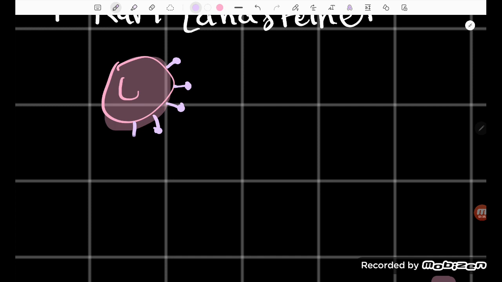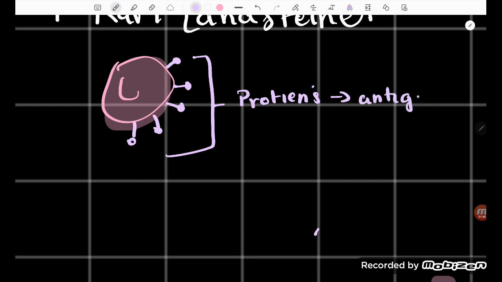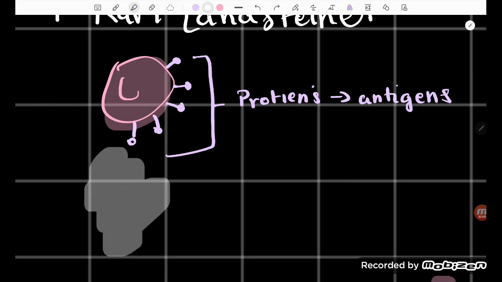And then he goes on to name these proteins antigens. And he also finds something else. Let's assume this white thing is our plasma.